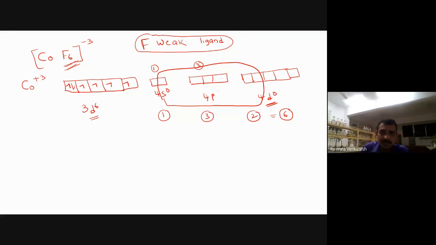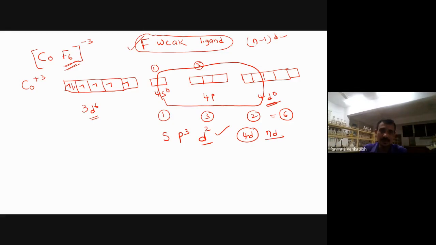Now what hybridization are we going to get? From the s orbital 1, from the p orbitals 3, from the d orbitals 2. The hybridization is called sp3d2. Why sp3d2? Because the nd orbital, the 4d orbital, is involved; in the previous case the n-1 orbital was involved. So sp3d2 we generally get with weak ligands, and d2sp3 we get with strong ligands.